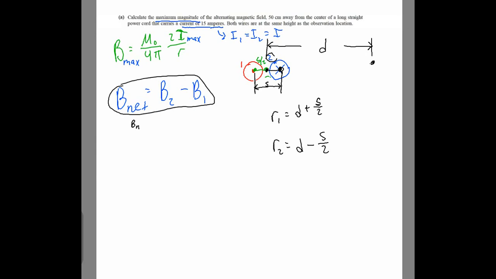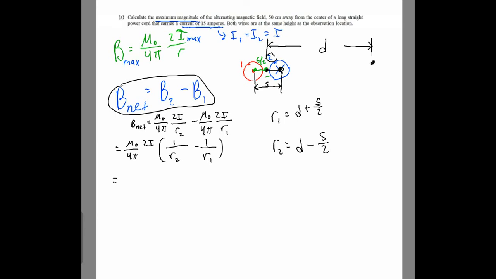So B net equals mu naught over 4 pi times 2I divided by R2 minus mu naught divided by 4 pi times 2I divided by R1, which equals mu naught over 4 pi times 2I, all multiplied by 1 divided by R2 minus 1 divided by R1.